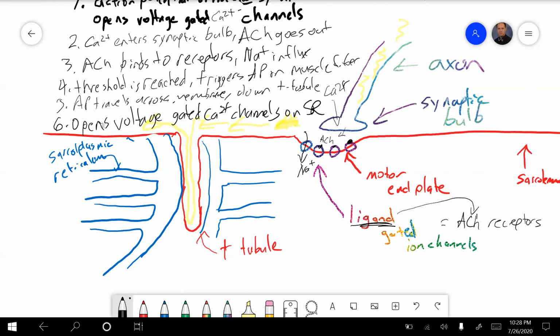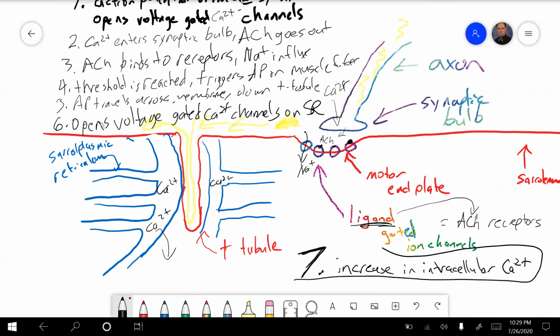Now, in the muscle fiber, the sarcoplasmic reticulum, its function is to store calcium. There's calcium in here. When those channels open, that calcium leaves. Because of this, we get an increase in intracellular calcium.